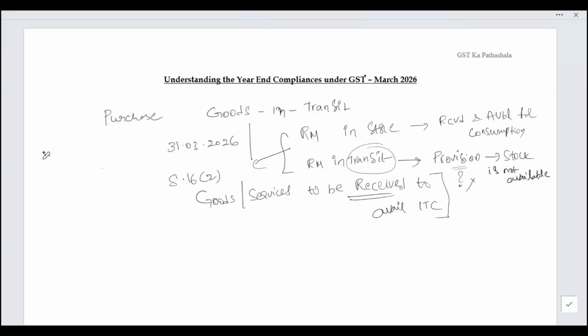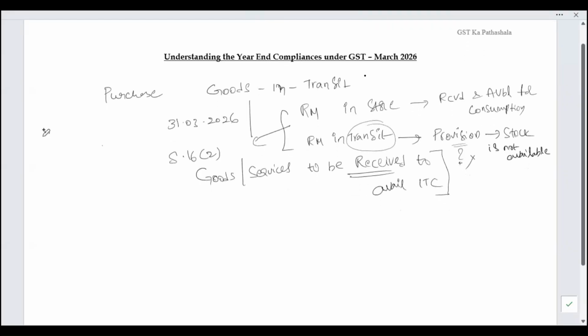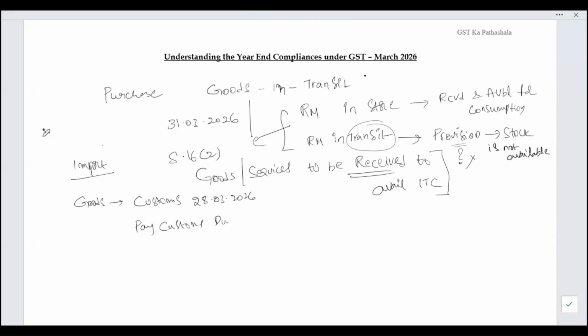If I take one example for goods in transit, there is an import purchase. My import goods have reached customs on 28th March 2026. I pay customs duty on, say, 30th March 2026.